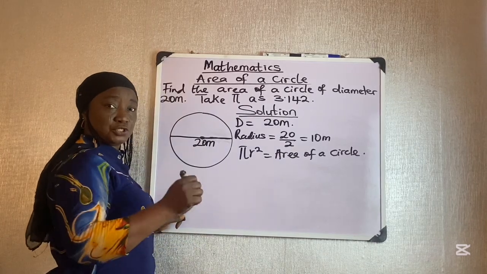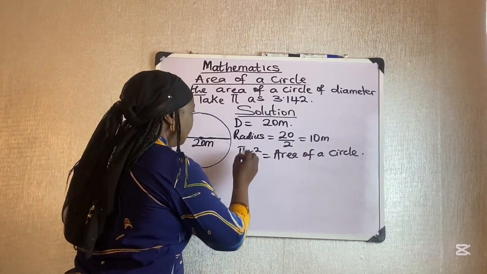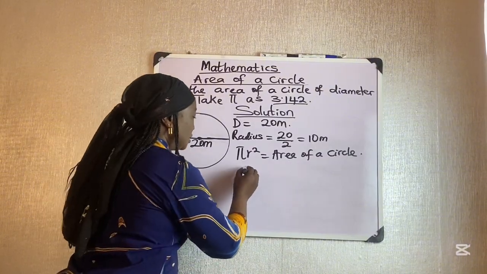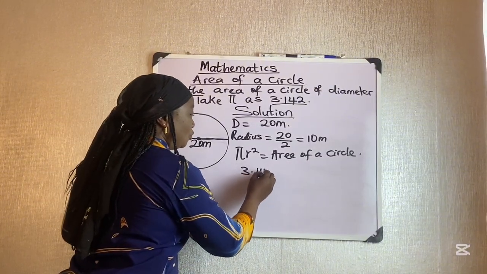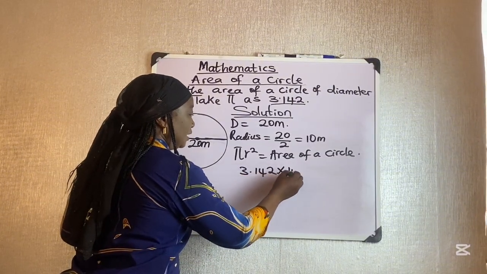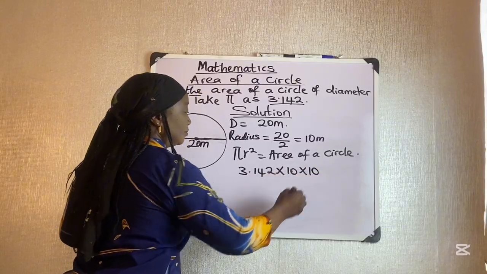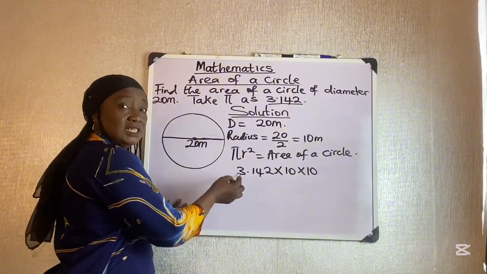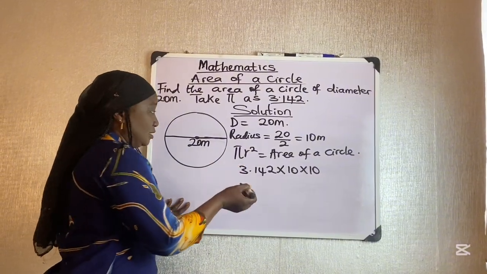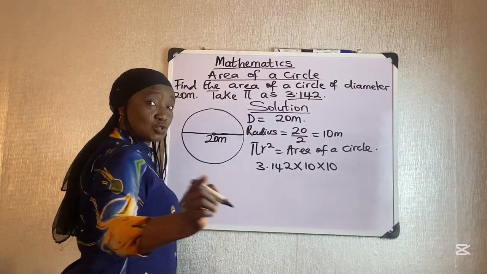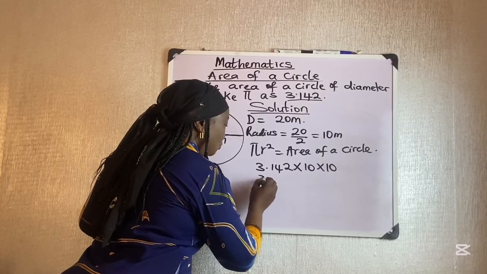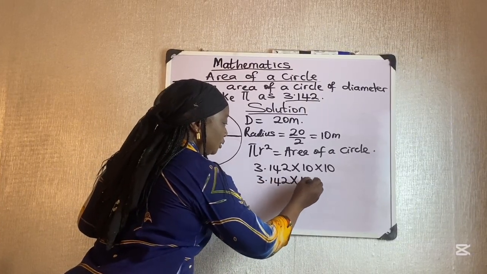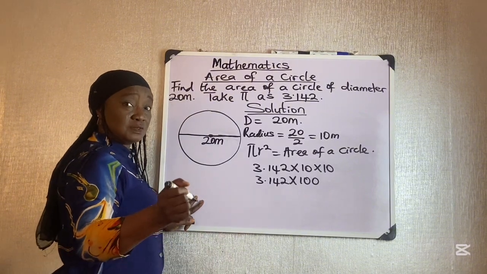We now substitute, using the pi given to us, that is 3.142 times 10 times 10, which is one of the easiest questions. But when children see decimal, they're always scared. So 10 times 10 equals 100. 3.142 times 100. Then we can use shifting method.